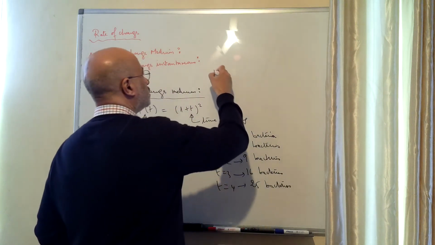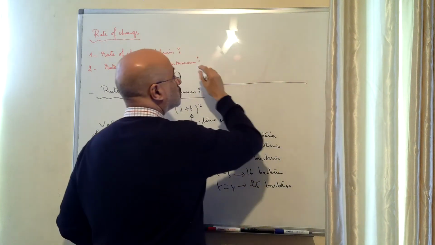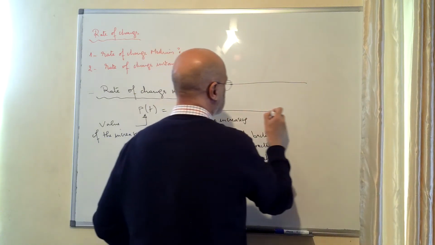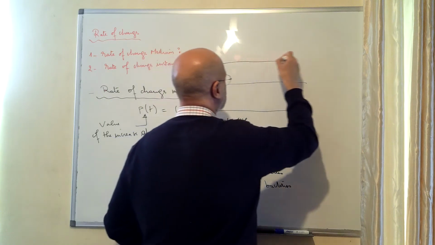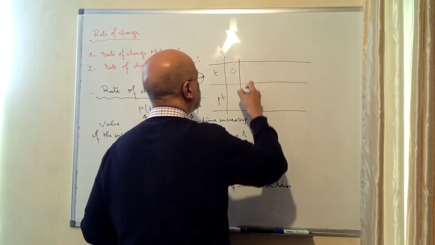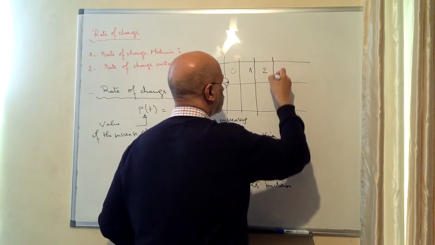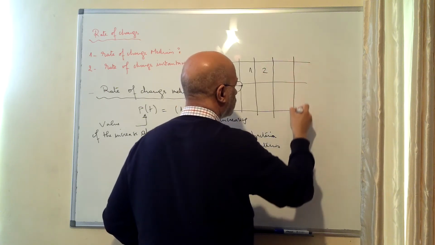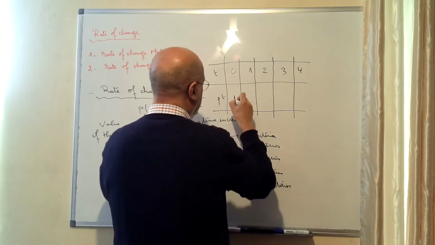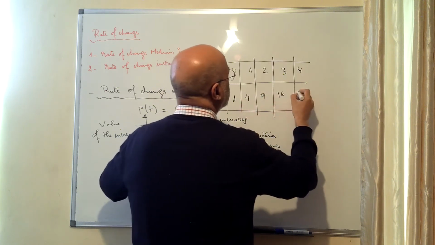So we make the table: t is 0, 1, 2, 3, and 4, and P(t) is 1, 4, 9, 16, and 25.